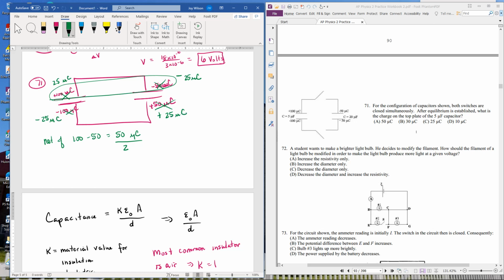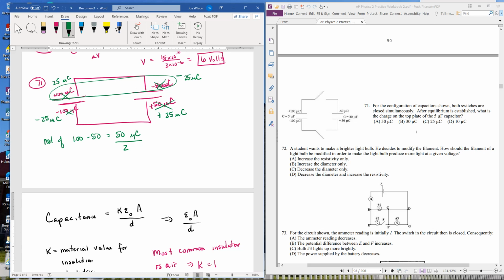So our net was 100 minus 50, which leaves extra positives that will distribute to be equal on both sides. So they each go to equilibrium, meaning we're getting as close to net charge of 0 as we can. We can't get very close, we get to 25, but that's the best we can do.